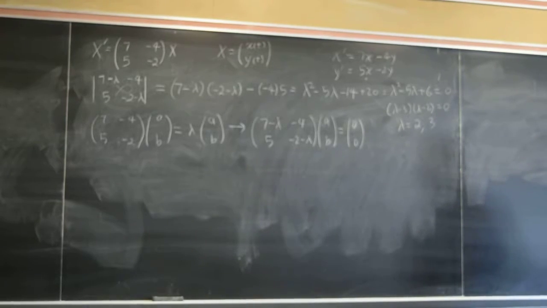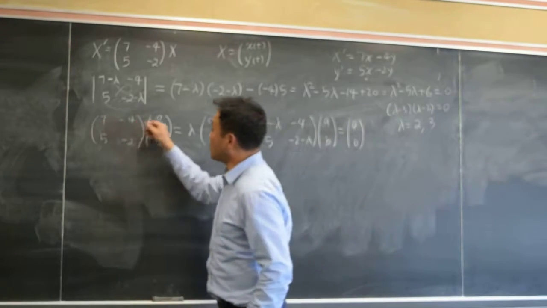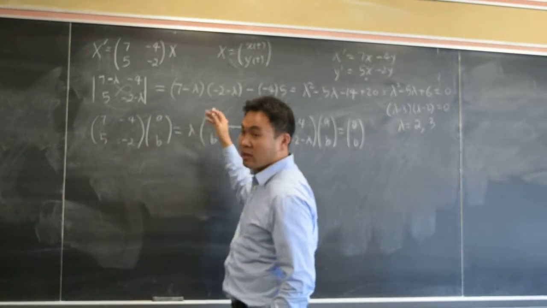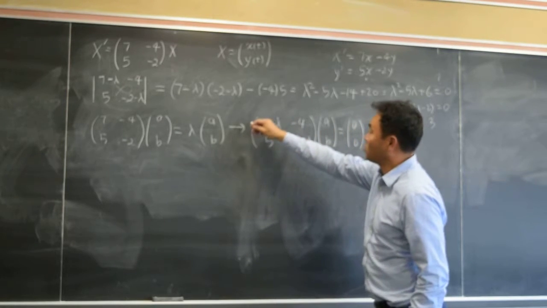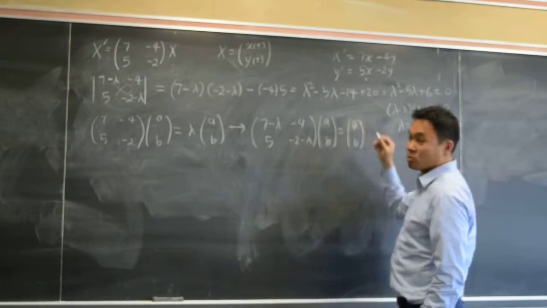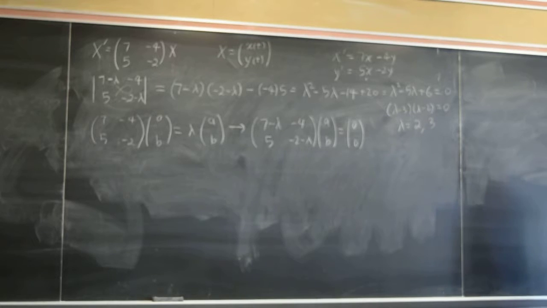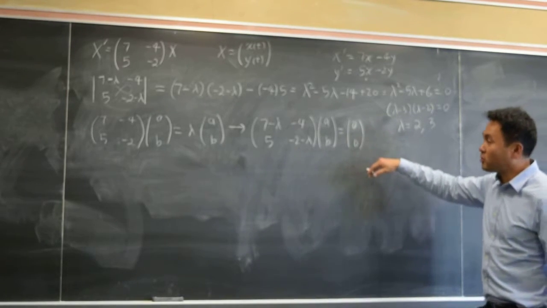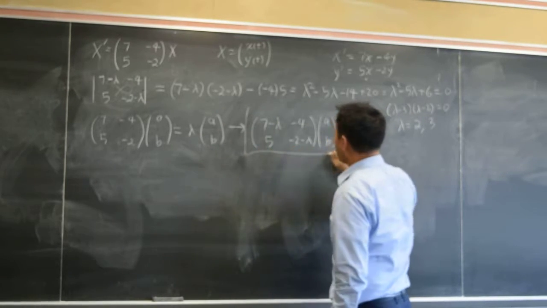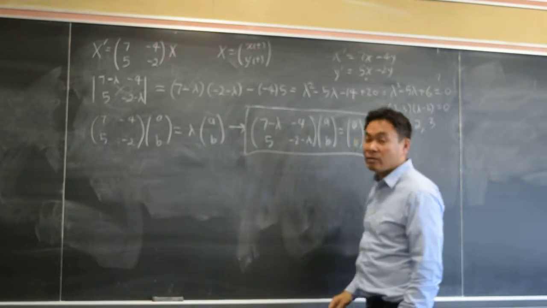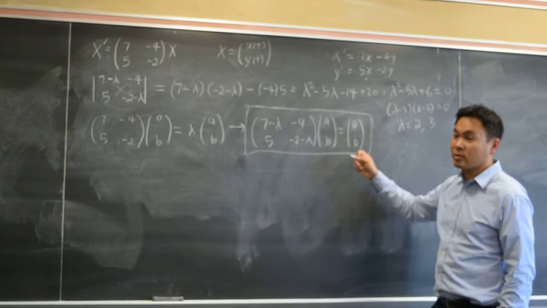Algebraically those two are the same thing. You can just multiply the matrices and check that you get exactly the same thing. Because the second one is easier to compute, from now on you're always going to try to find the eigenvectors in this format. Okay?